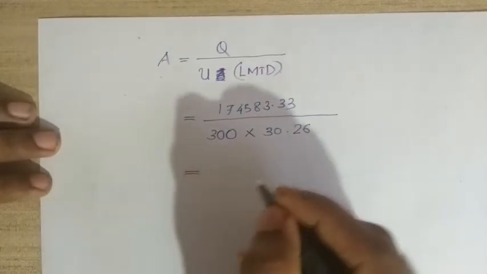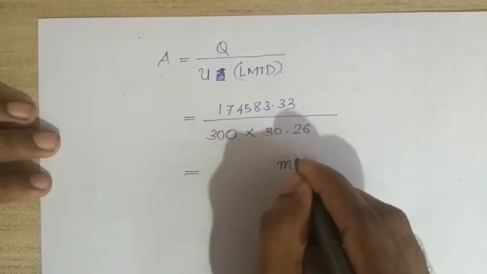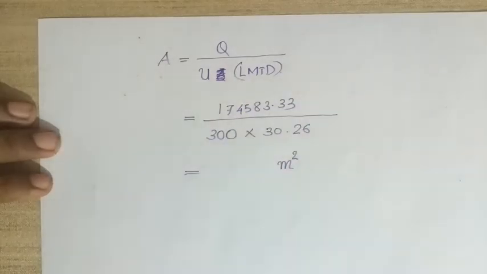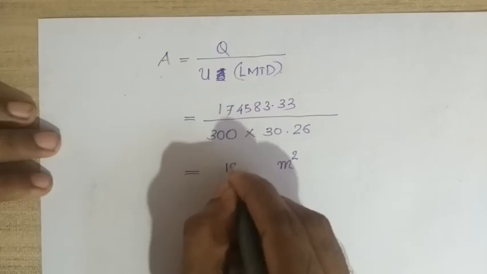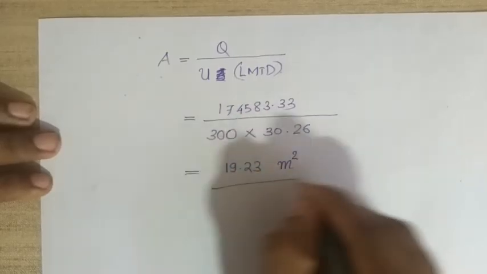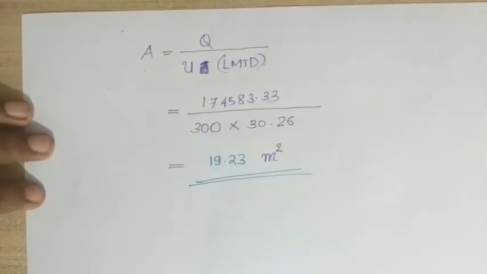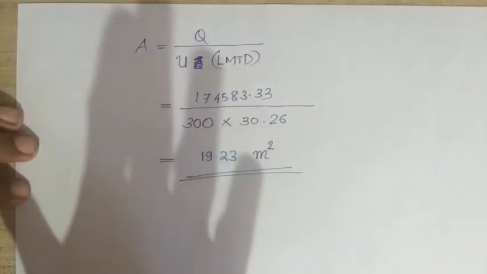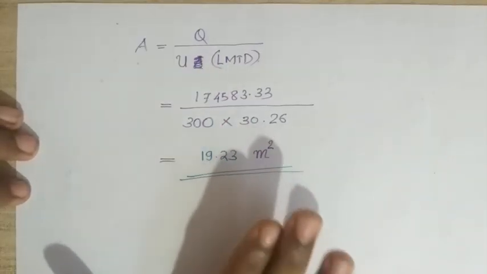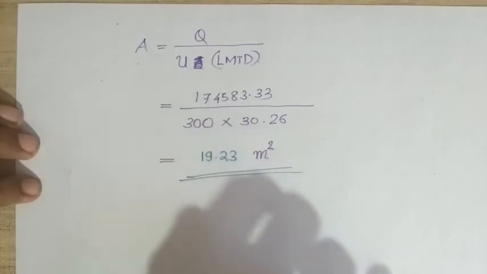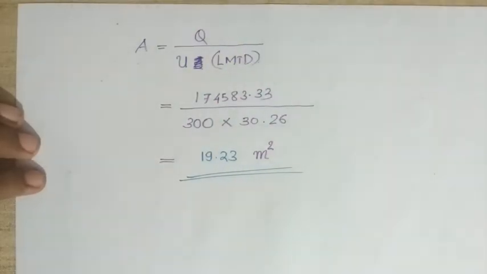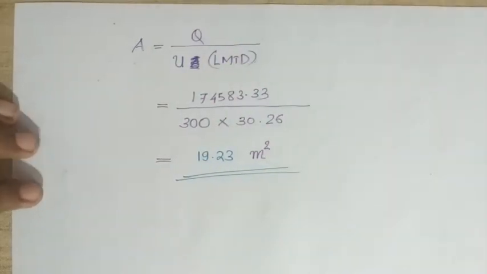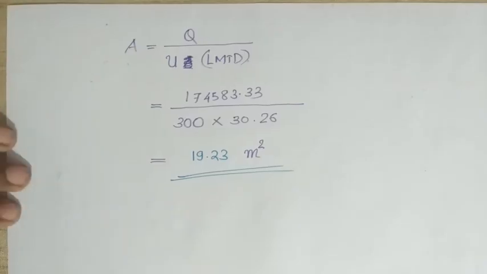Solving this, you will get the area required for the heat exchanger as 19.23 meter square, for exchanging the heat between the oil and water. So this is the method for solving problems in heat exchangers by using the LMTD method.